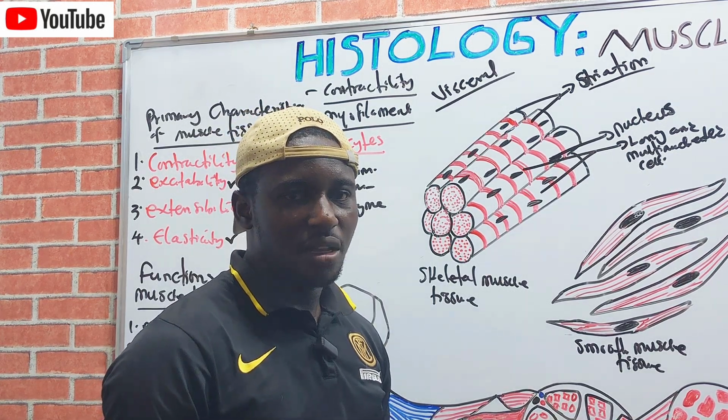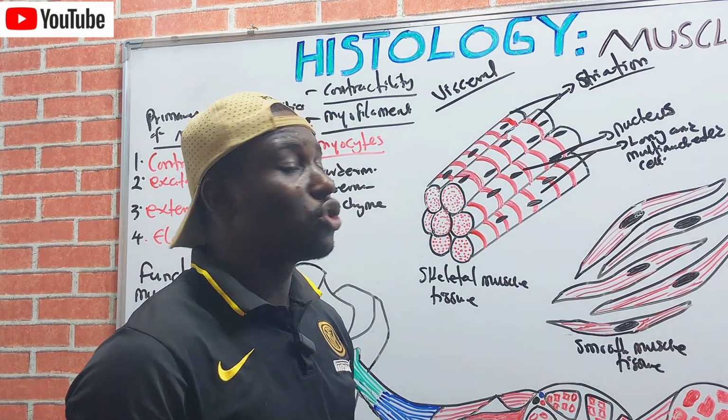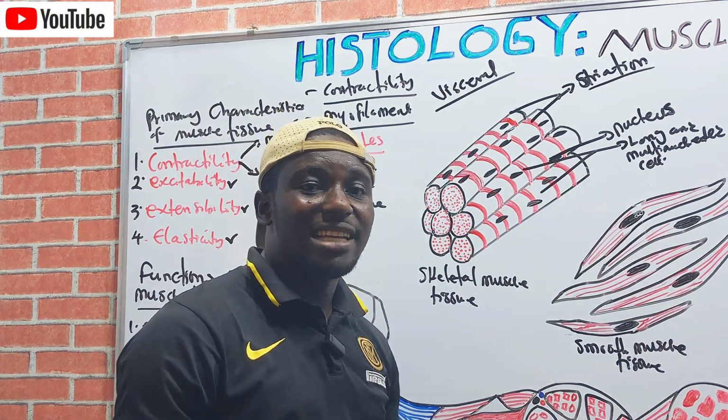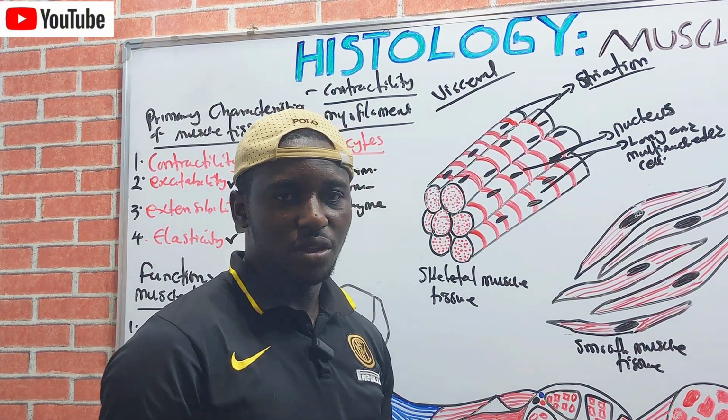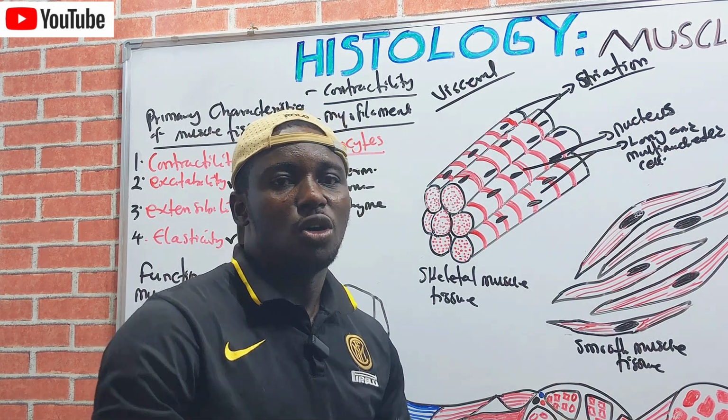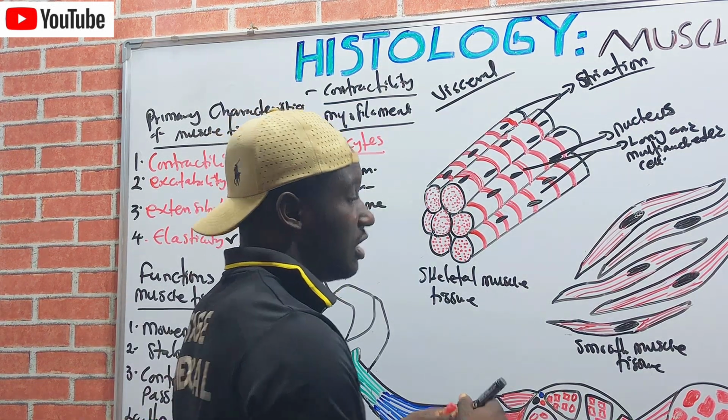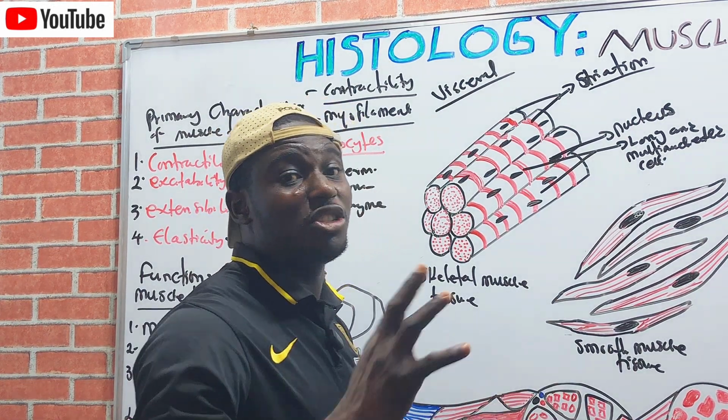You get? And some smooth muscle tissue has an intrinsic ability to contract on their own. That phenomenon is called automaticity. They undergo automaticity, but it is not all of them.